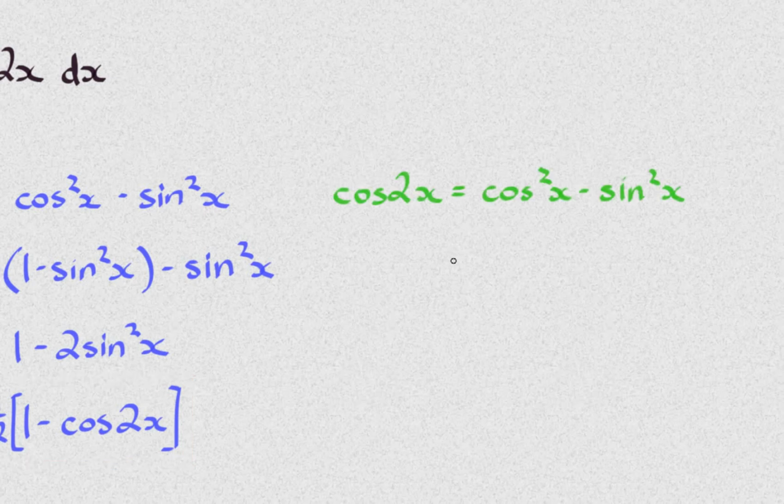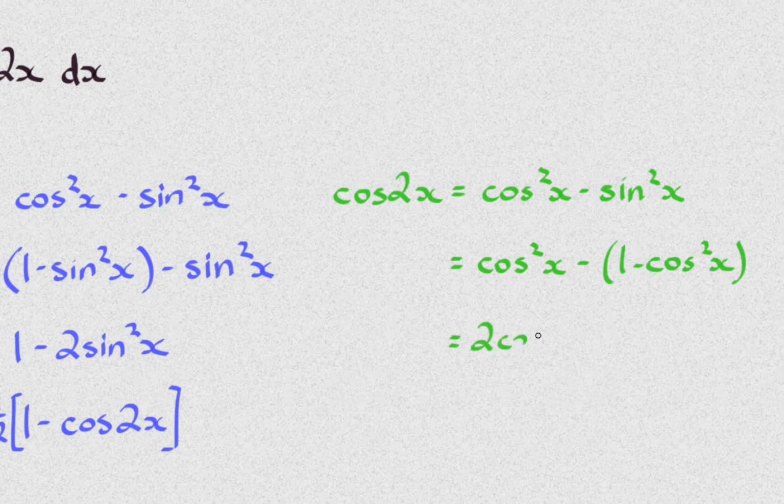So starting off with the same line as before, but this time we will replace sine squared with 1 minus cos squared. And so collecting like terms, we have this negative and this negative making it positive. So we have 2 lots of cos squared x minus 1. And when we make cos squared x the subject, we get 1/2 out the front of 1 plus cos 2x.